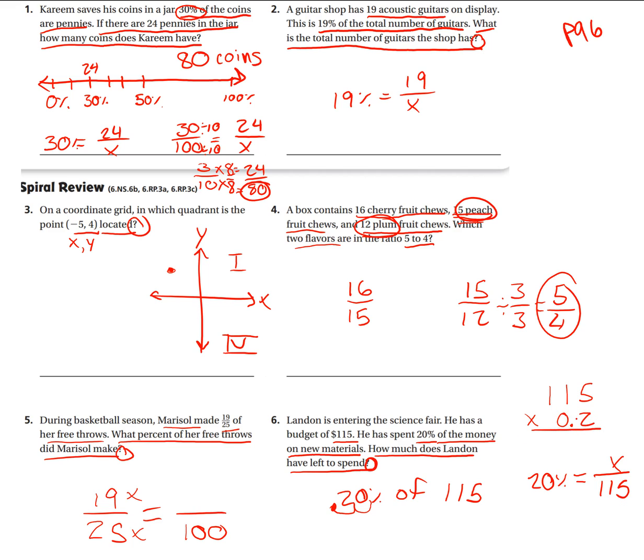And then I multiply. Now notice no numbers behind the decimal here because the decimal is hidden. And then 1 number behind the decimal here. So when I get my final answer, I'm going to move my decimal over 1. So 2 times 115, I can just double 115, which would be 230. Move my decimal over 1, and it becomes 23. So he has $23 left to spend.